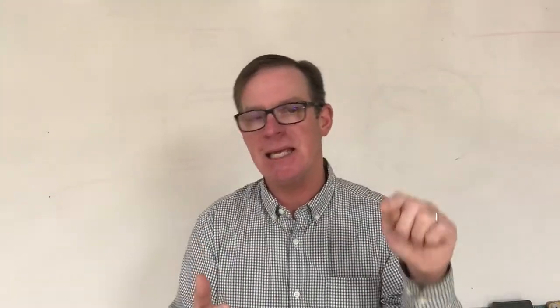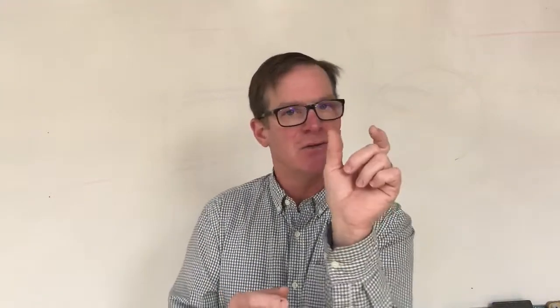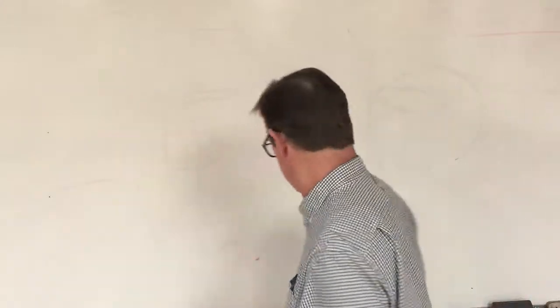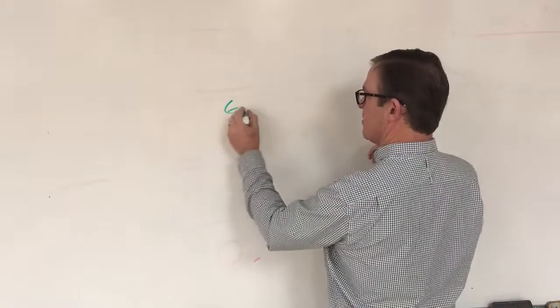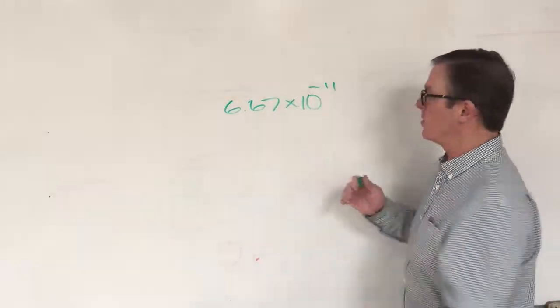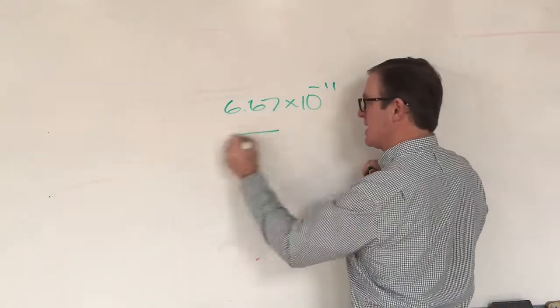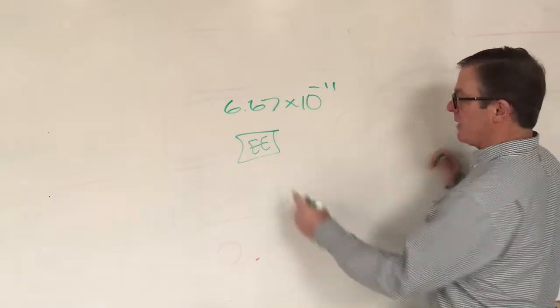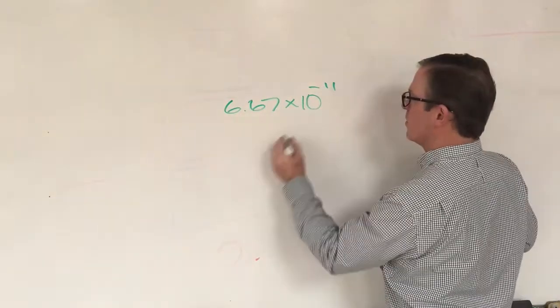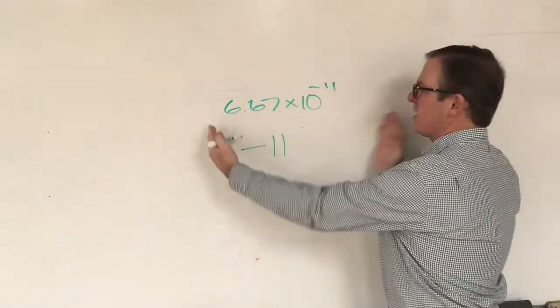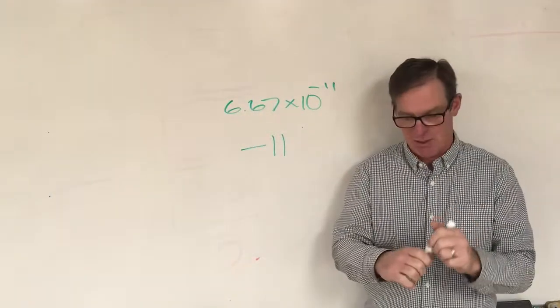However, when you hit the EE button, you don't see the 6.67 anymore, like in the problem we just went over, 6.67 times 10 to the minus 11. If I'm not mistaken, you enter this and then you hit the EE button on your phone and then the screen goes blank. Then you have to enter the negative 11 and you can't see the whole thing developing in front of you. That's the whole issue.